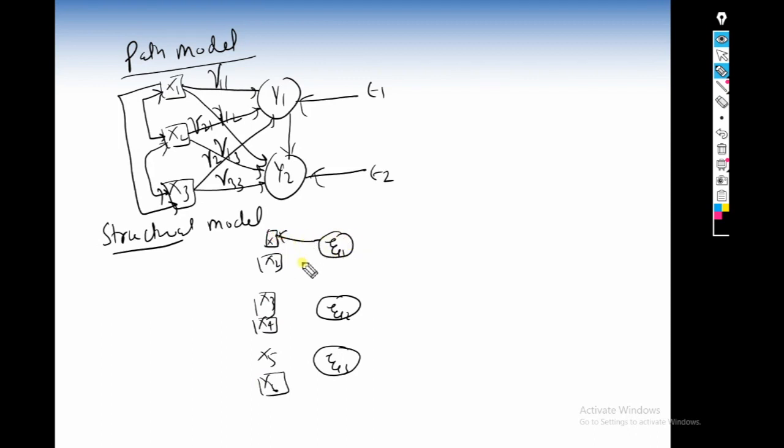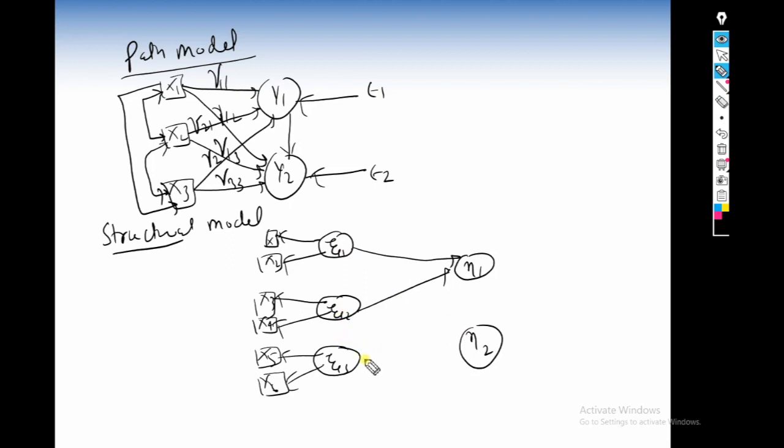This is the structural model. Here we have endogenous and exogenous variables, and we are finding the relationship between these variables. Similarly there is another endogenous variable, and these are exogenous variables, as you can see here.